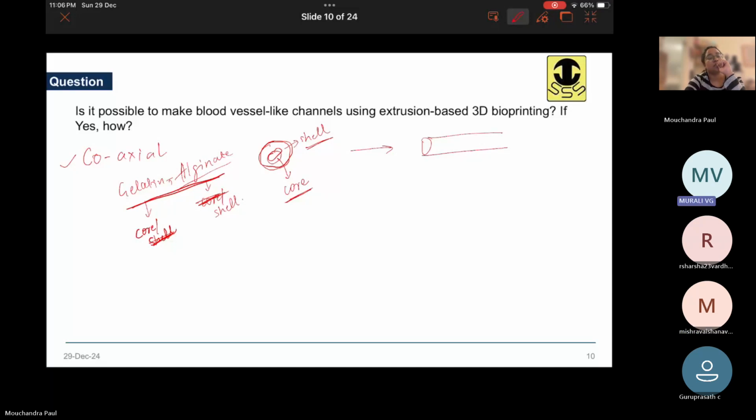Yes, ma'am. You are asking how this will be cross-linked using calcium ions, because we used calcium as a cross-linking agent. Yes. How will you supply calcium ions in this configuration?